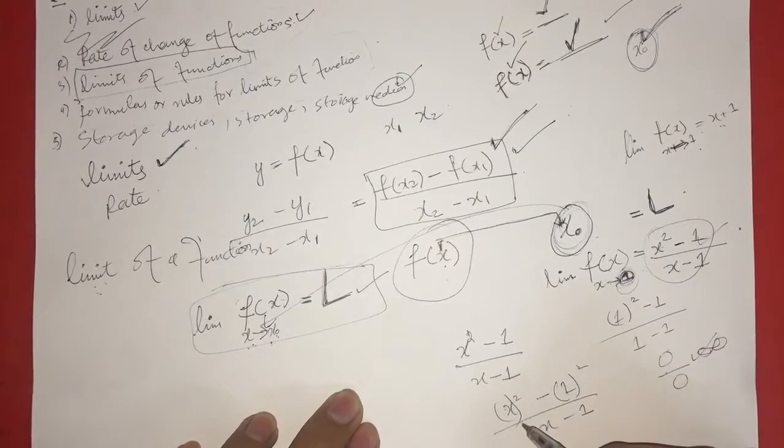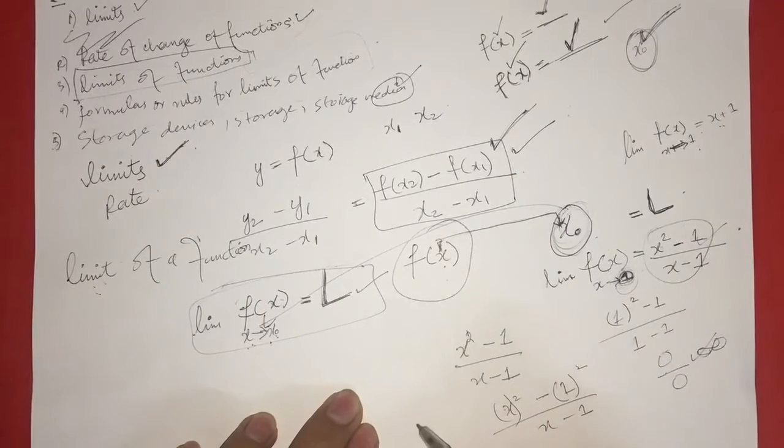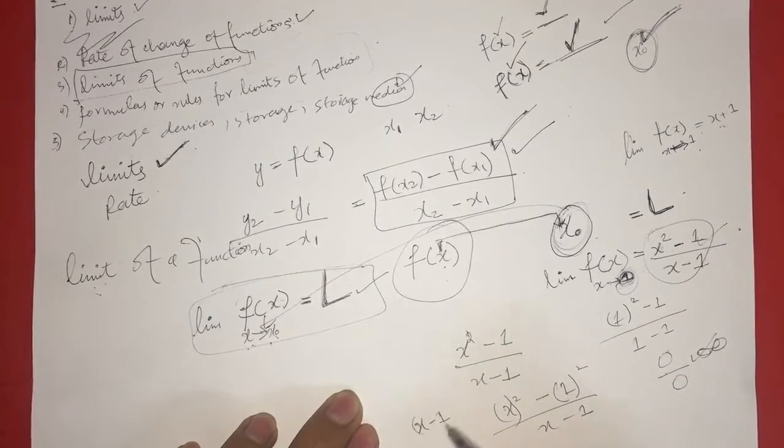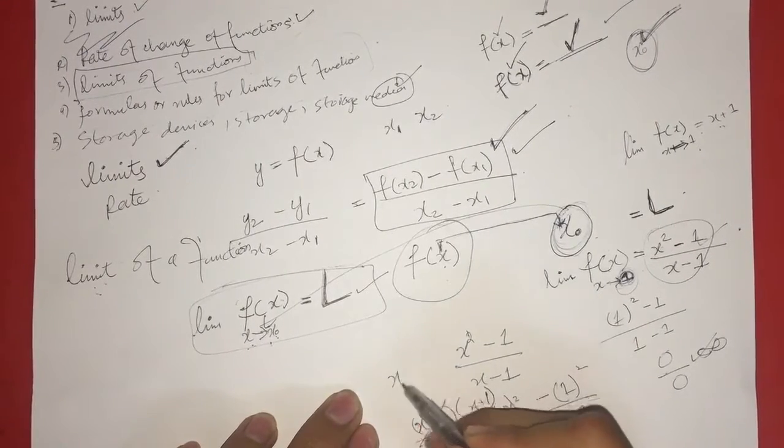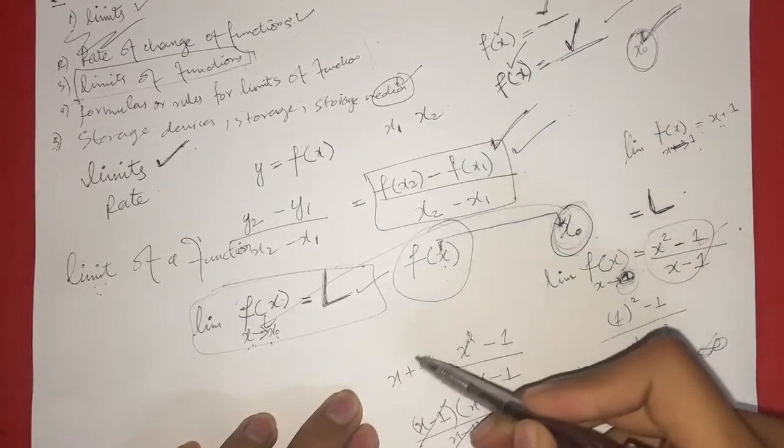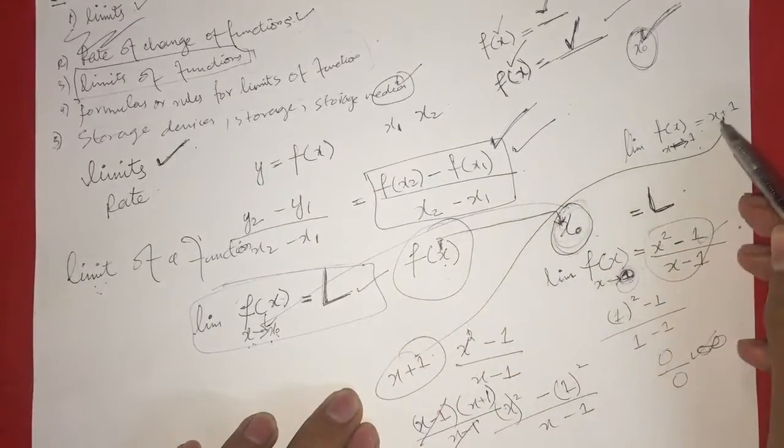It will give you x minus 1 and x plus 1 divided by x minus 1. So you can cut out this x minus 1, and you'll get x plus 1. So here it's just the same as this one.